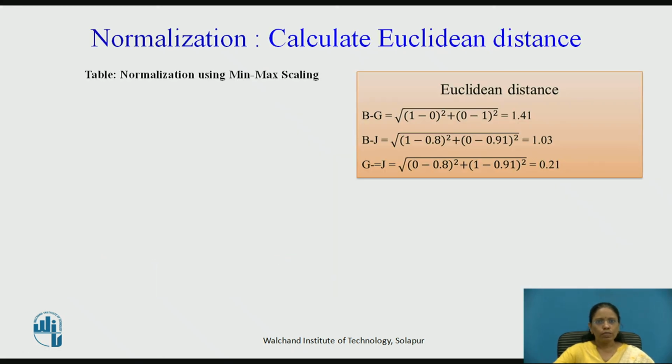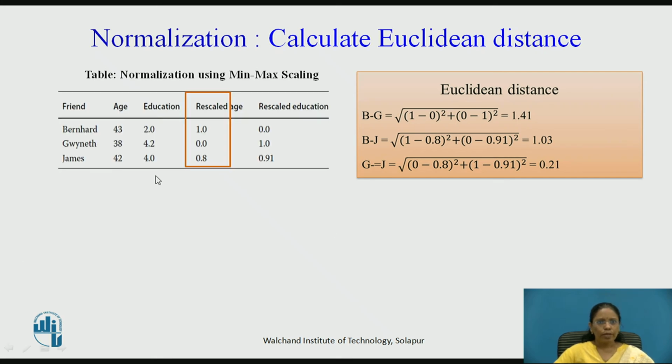Now, the normalization using min-max scaling has given the rescaled age and rescaled education like this, and now I try to find the Euclidean distance. Between Bernhard and James, it is going to be 1 minus 0.8 squared, plus the other attribute I should consider, which is education, 0 minus 0.9 squared, which is 1.03.